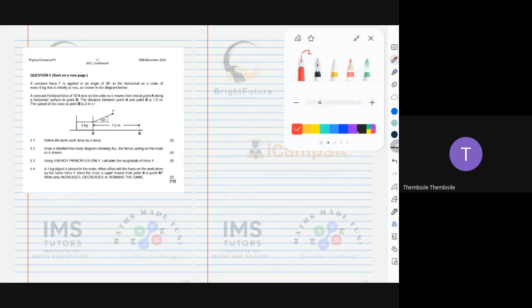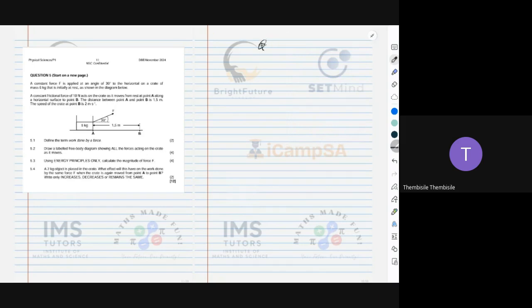So question 5 here, what do they want from us? Question 5. A constant force F is applied at an angle of 30 to a horizontal on a crate of mass 6 kg, initially at rest. Very important. Initially at rest. So I think what you can do, try by all means to mark the keywords when you see them. The first time you read the question, mark these things.